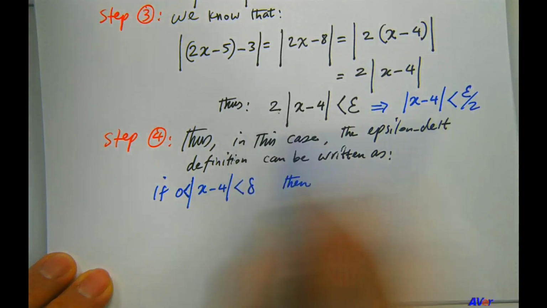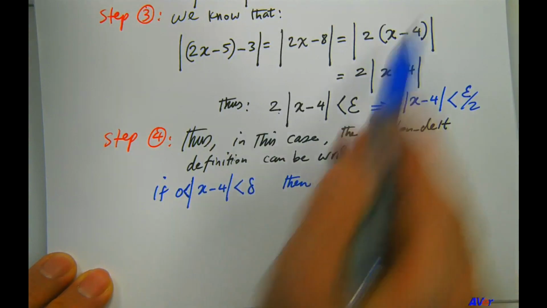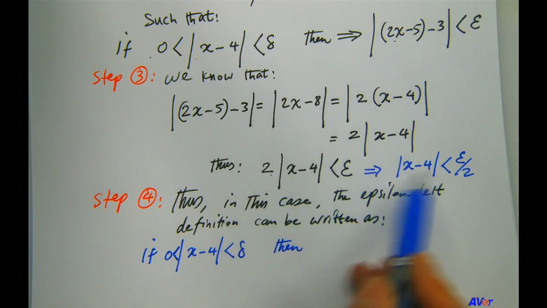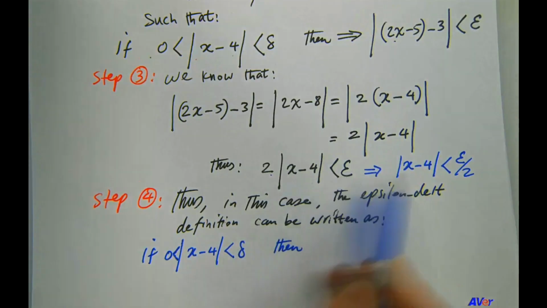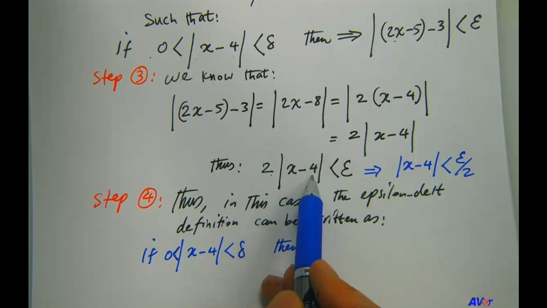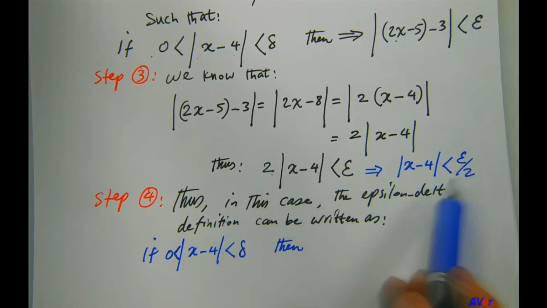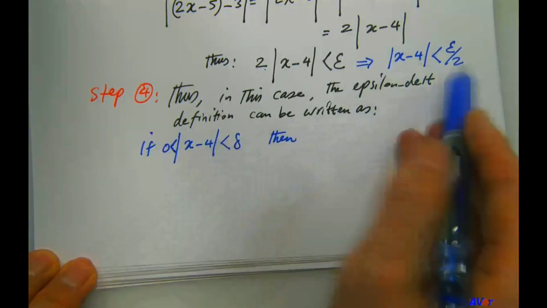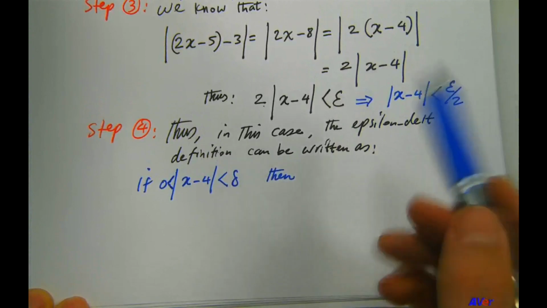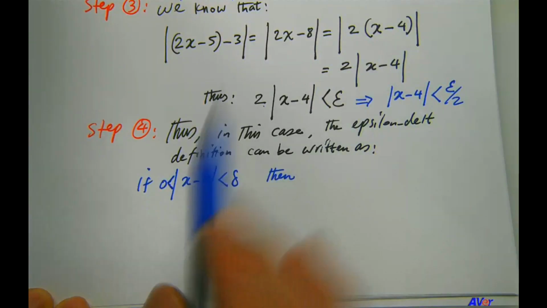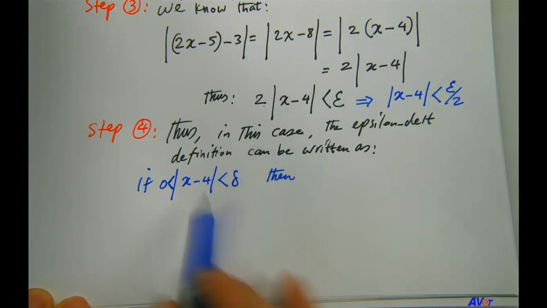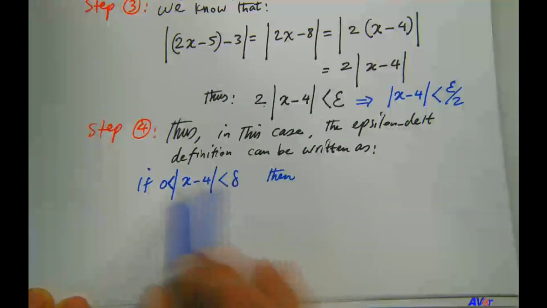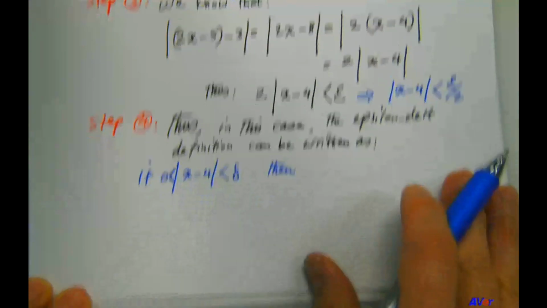From here, we can rewrite it as that. So first we simplified the inside of this absolute value, and now we can rewrite this as the absolute value of x minus 4 is less than half epsilon. Okay? So we are showing that there is a value for the epsilon that we picked. There is a value within this range between 0 and delta that corresponds to it. Therefore, there is a limit.